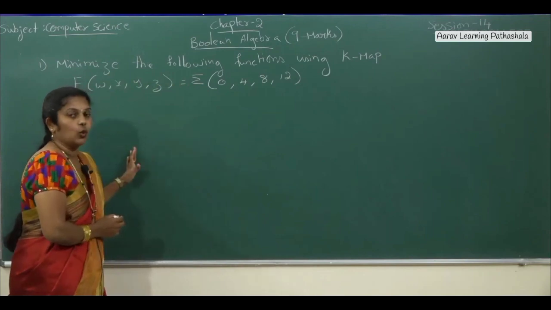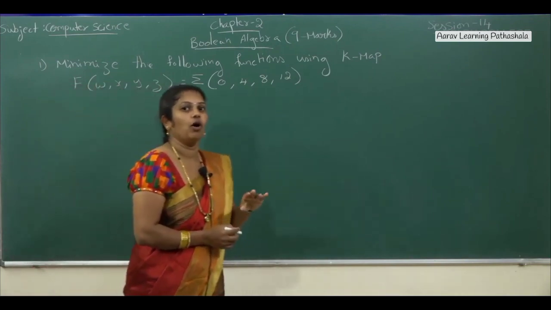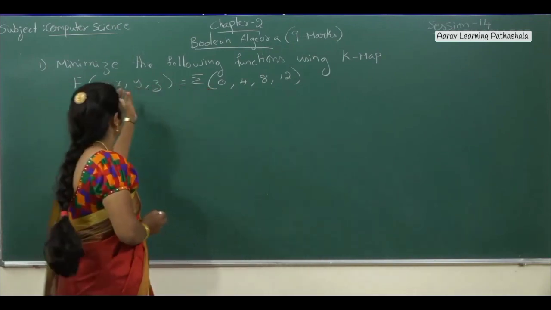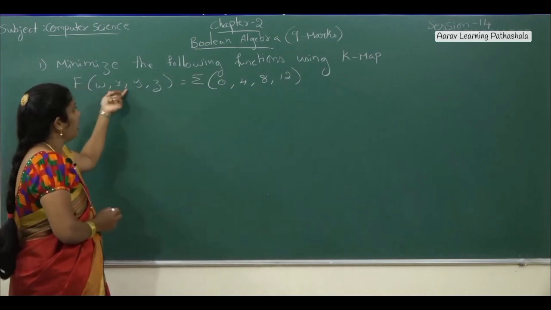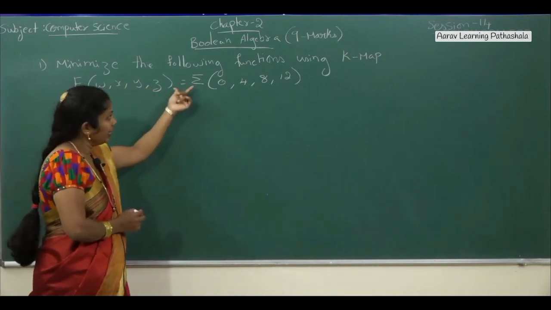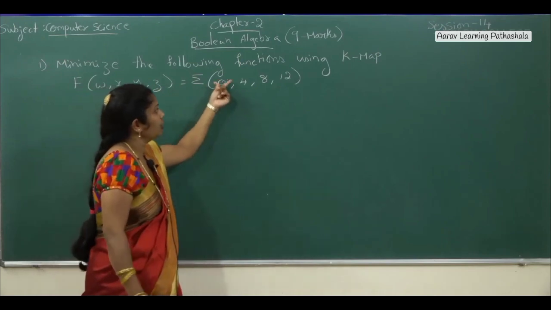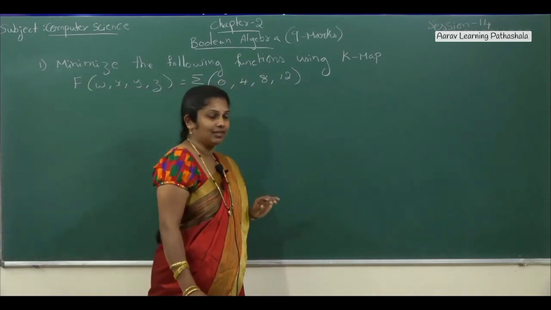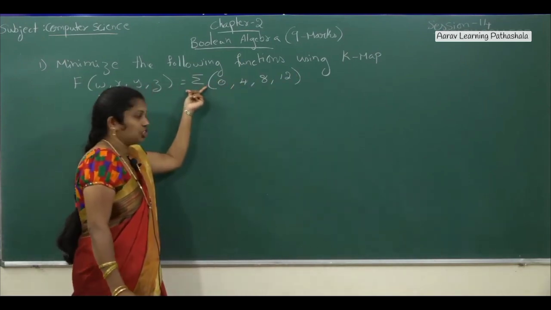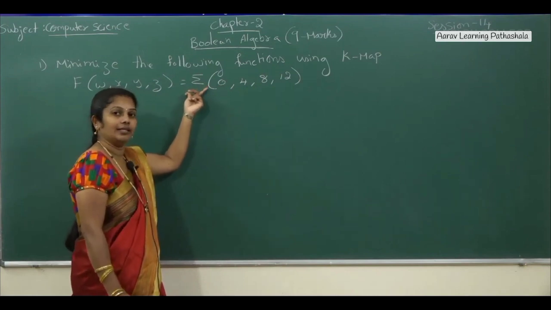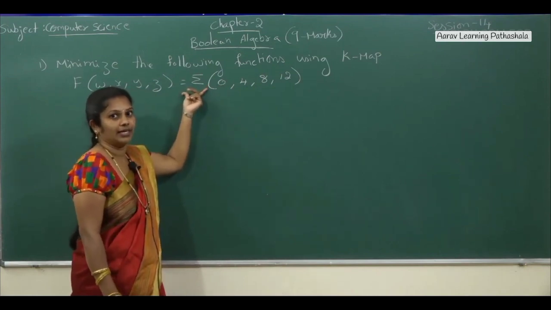First see the question, whether it is in Minterm form or Maxterm form. Here f of w, x, y, z equals sigma of 0, 4, 8 and 12 is given. If they mention sigma, then it is Minterm format.